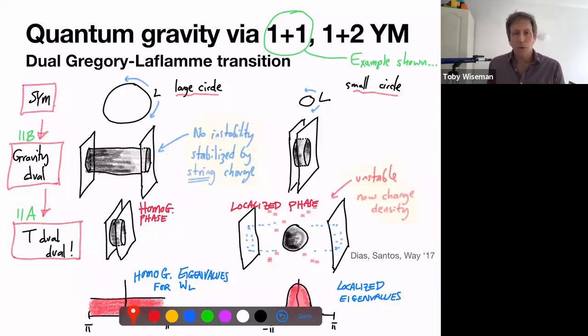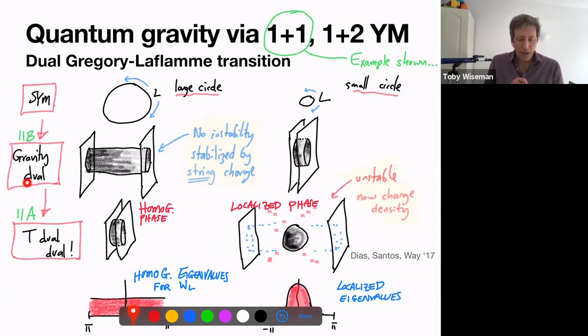It could be large or small, by which I mean large or small compared to temperature. That's the scale to compare it to here. Okay, so we have to be in a regime where we want gravity to work, so temperature has to be small, but we can have a large or small circle in units of the temperature.